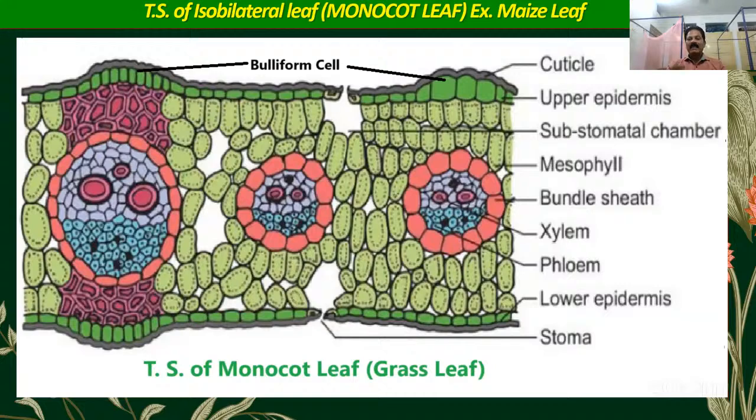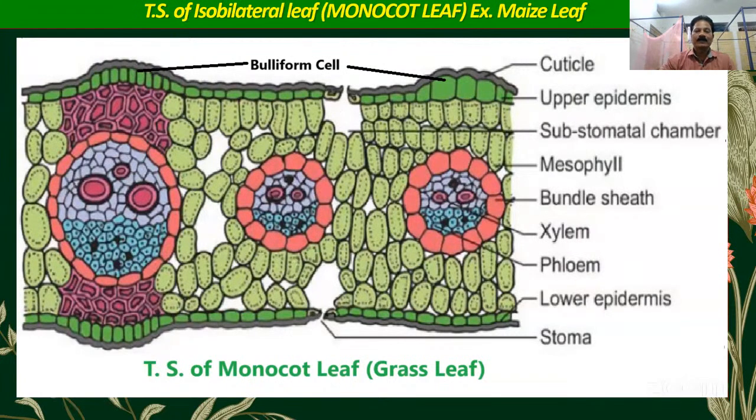It is same on both upper epidermis side and lower epidermis side. The mesophyll is similar cells, with few intercellular spaces. Some of the intercellular spaces are smaller and some are larger. Generally, these large air spaces could be seen near the substomatal region.